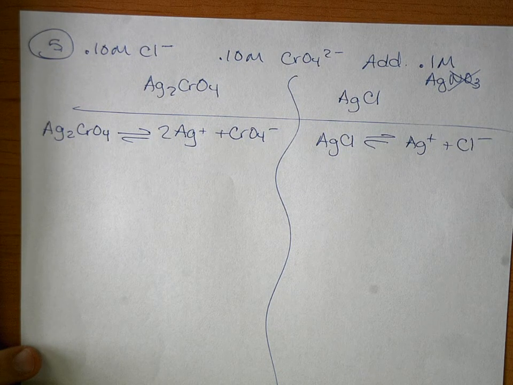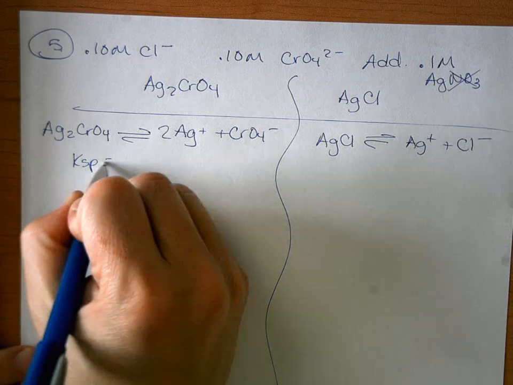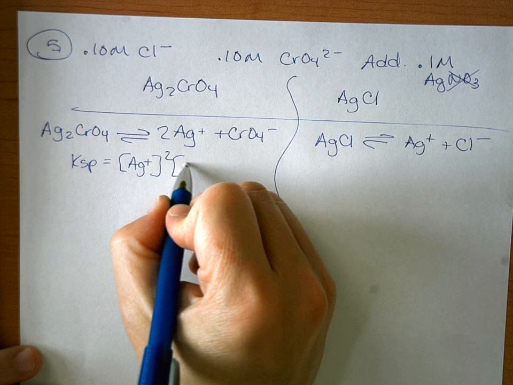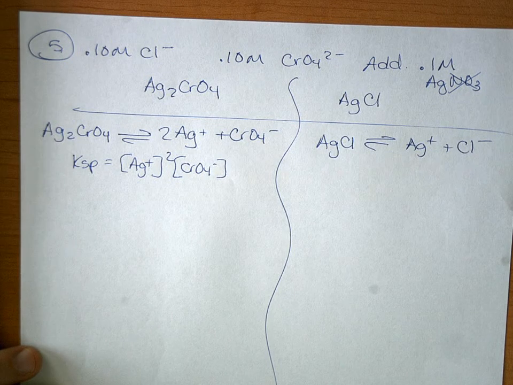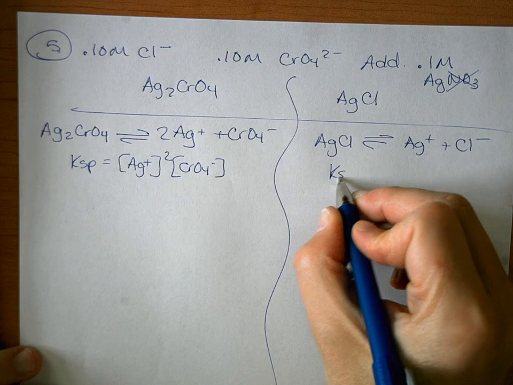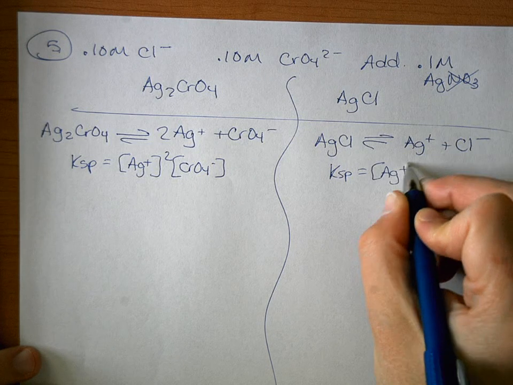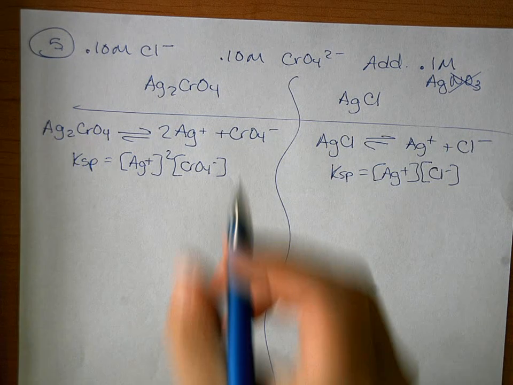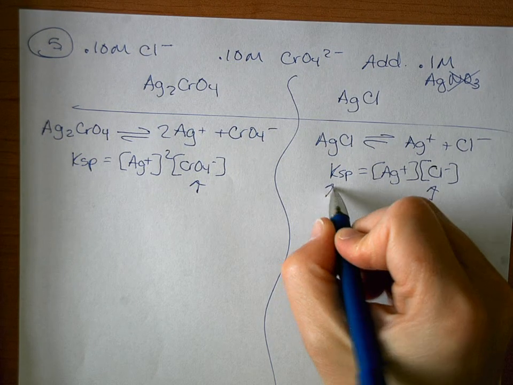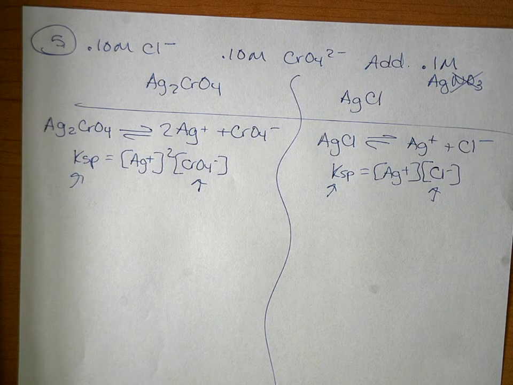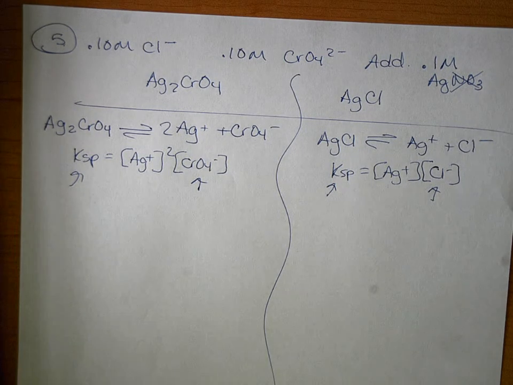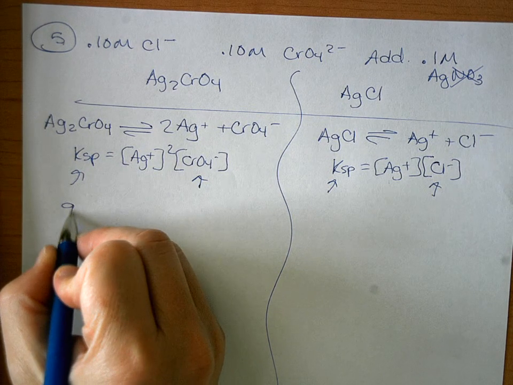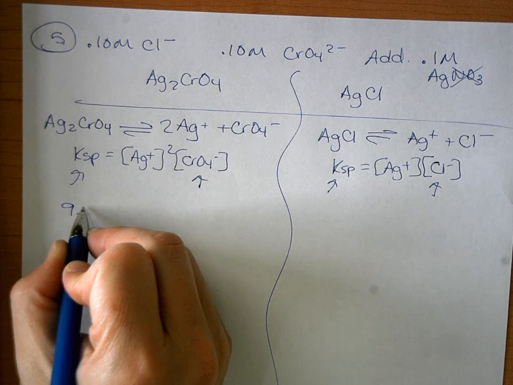And I'm going to write out the Ksp expressions for each one. For this one, I would have silver concentration squared times the chromate concentration. This one, I would have Ksp equals silver concentration times the chloride ion concentration. Now I'm given these values, and I'm also given the Ksp values. So what I want to do is solve for the concentration of the silver ions. So here my Ksp is 9.0 times 10 to the negative 12.